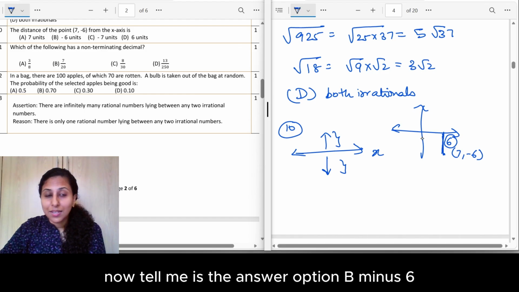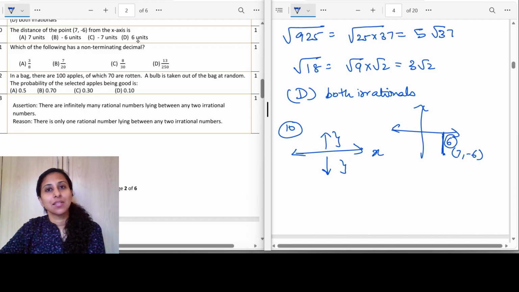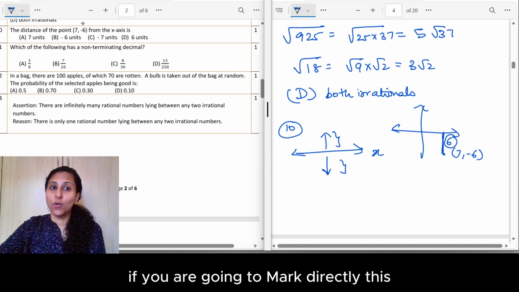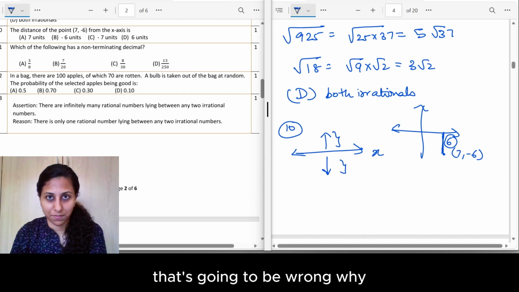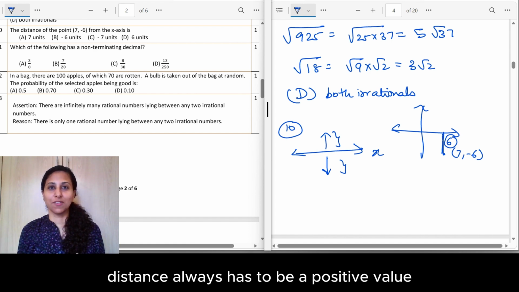Now tell me, is the answer option B minus 6 or is the answer option D plus 6? Well, answer cannot be minus 6. If you are going to mark directly this minus 6 as the distance from the x-axis, that's going to be wrong. Why? Because distance can never be a negative value. Distance always has to be a positive value.